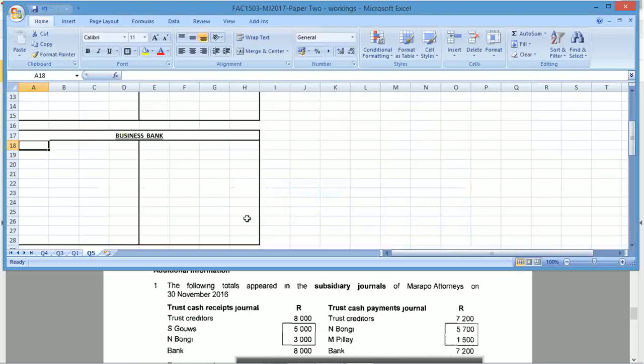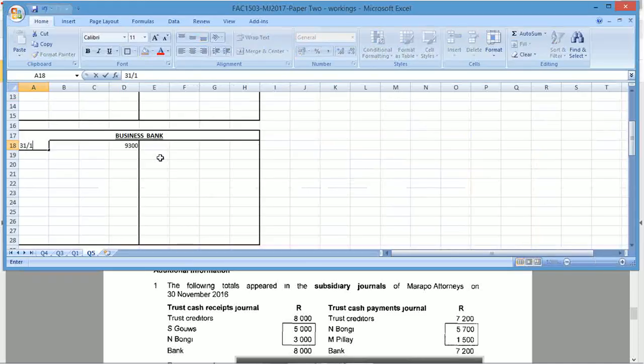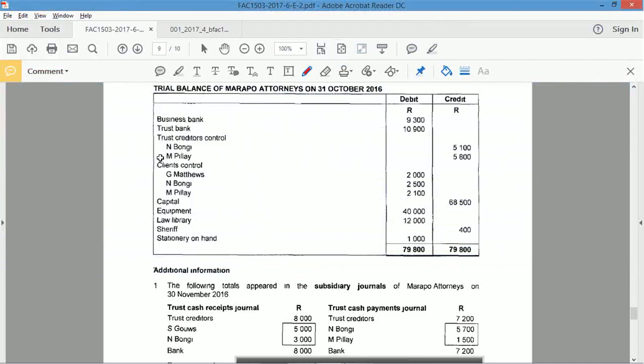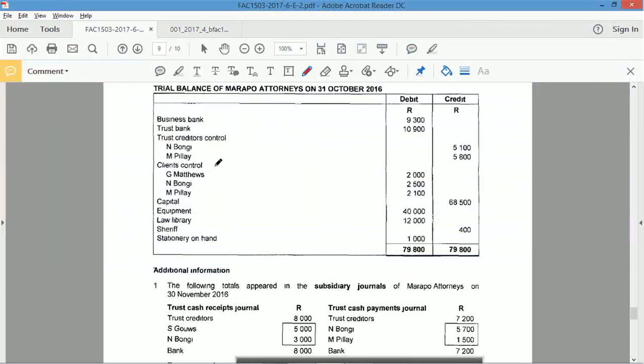Right, so the business bank account 9,300 is what they started with. It would have been the starting balance, the amount before adjustments. Yes, so 31st October balance. Great, there's the business bank account.